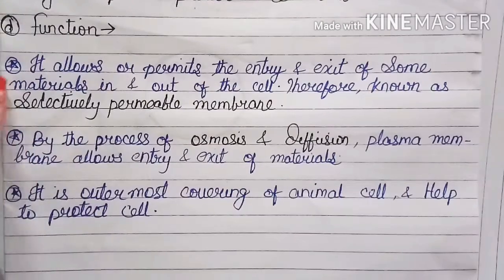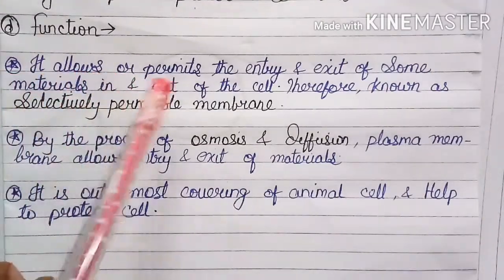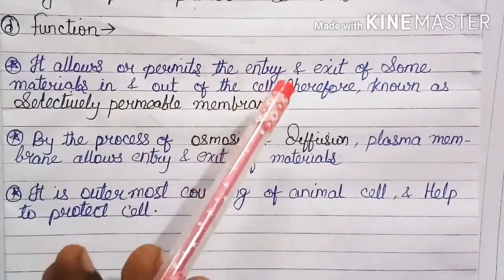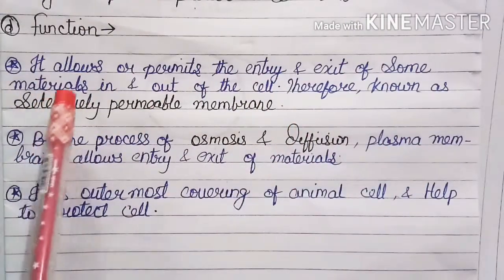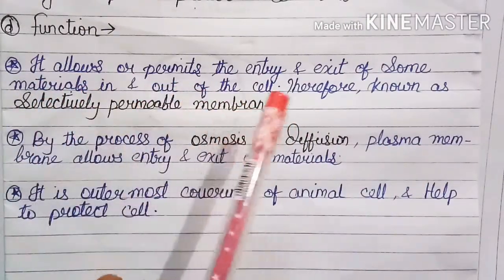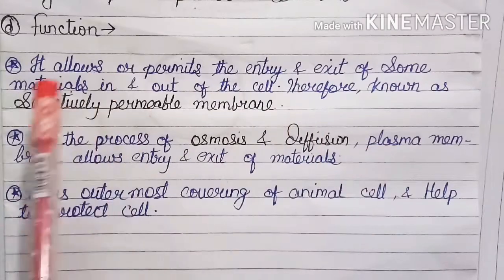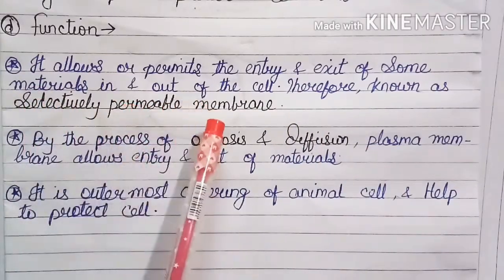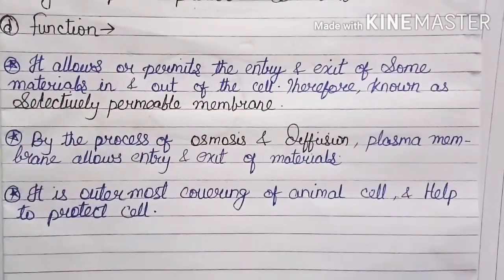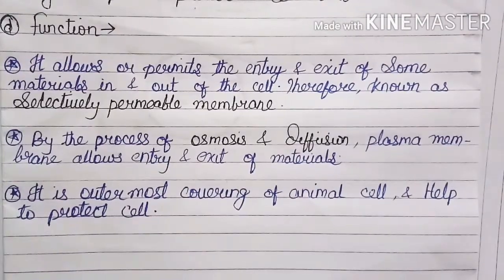The first one is it allows or permits the entry and exit of some materials in and out of the cell, therefore known as selectively permeable membrane. As I have earlier told, plasma membrane is a bridge between the external environment and the cell.